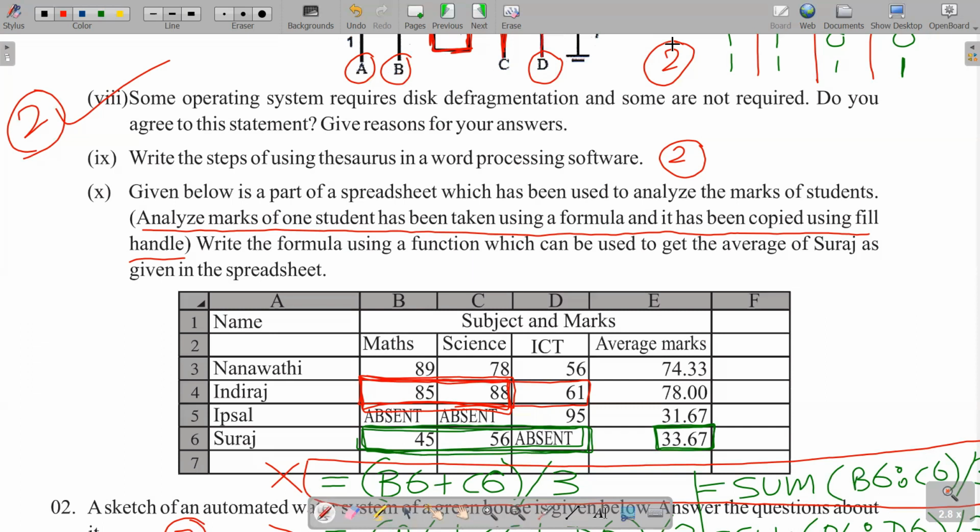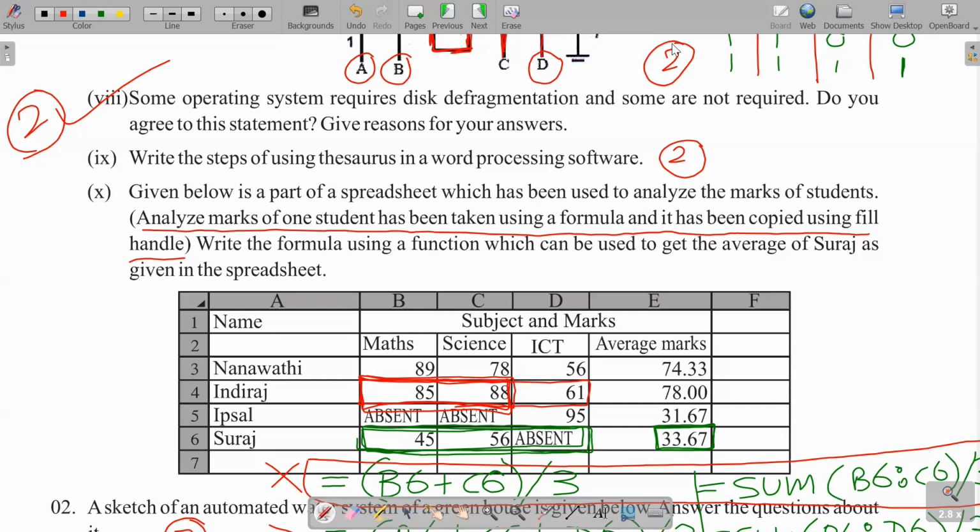Sir, for Roman number 2, how many marks? For each? 2 marks. Each and every part is going to have 2 marks. Sir, so do the Roman calculation and send me the marks. Roman number 3 and 4? Sir, everything has 2 marks, Rizwan. Okay, sir. Every part is having 2 marks.